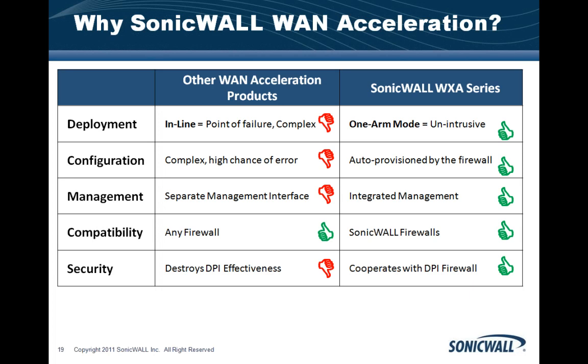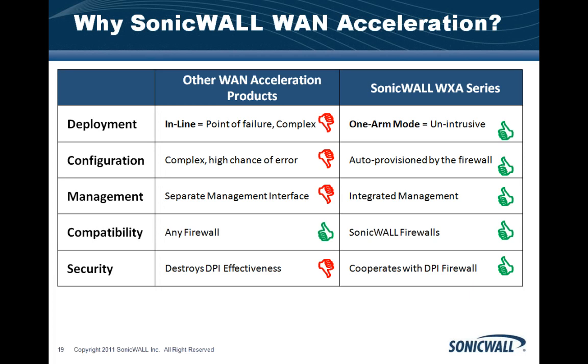The final one that I'll hit on is the security aspect. We don't have to worry about not being able to scan the traffic that's coming through onto the WAN acceleration appliance. We can actually scan that traffic using our DPI engine to improve the security of the network.